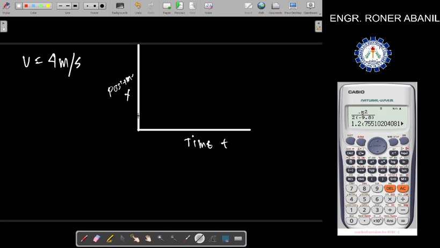Because the velocity is constant at 4 meters per second, this is what our graph will look like. It's just a straight line. Okay? So the graph will look like this.